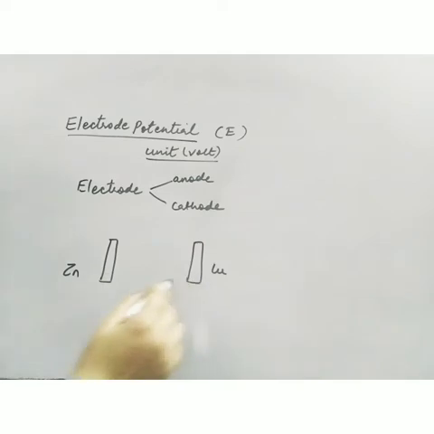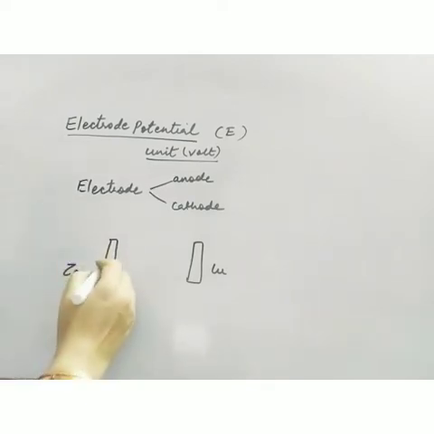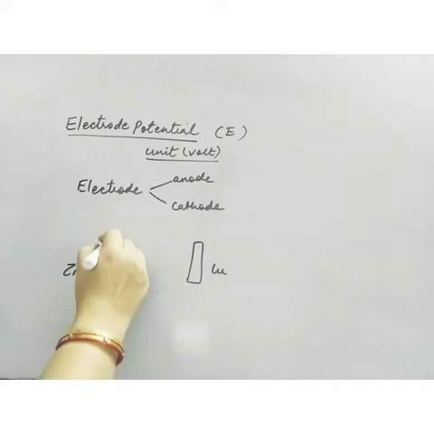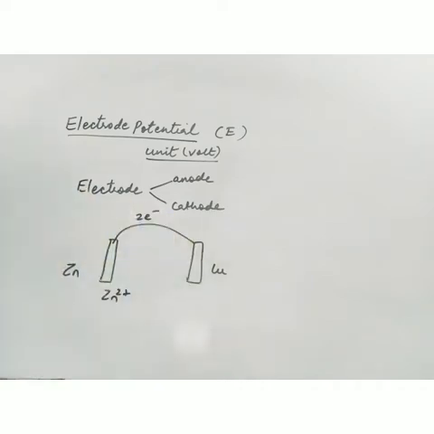So when zinc and copper are connected, zinc is on higher place in the activity series. So zinc has the tendency to get oxidized, and we have seen that Zn changes to Zn2 plus and it loses 2 electrons. Now these 2 electrons come here. Now here these 2 electrons are accepted by copper. It means zinc has the tendency to lose electron and copper has the tendency to gain electron when these two are connected together.